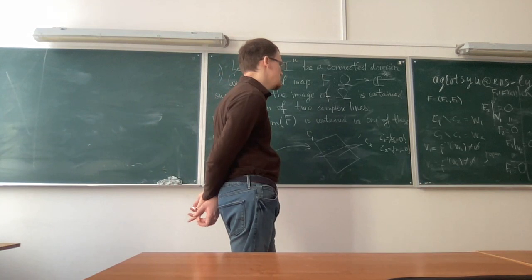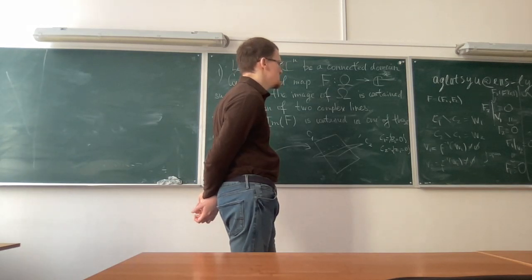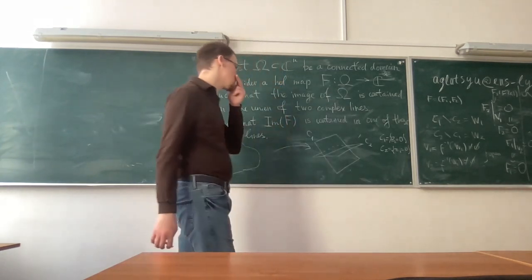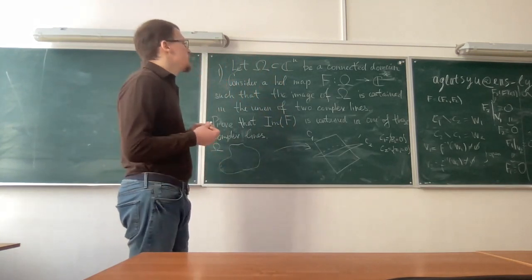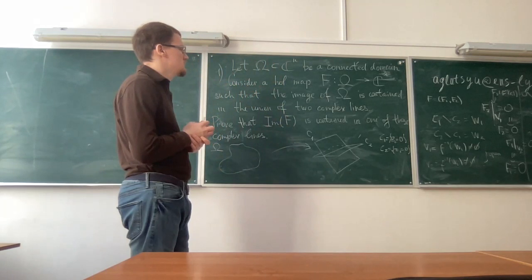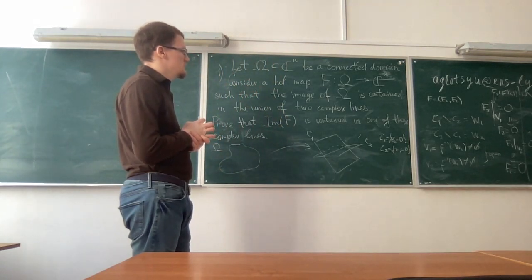Similarly, F1 on V2 equals 0, and therefore it is equal to 0 everywhere by uniqueness. Therefore F is constant, sending everything to 0, and 0 lies in both lines.